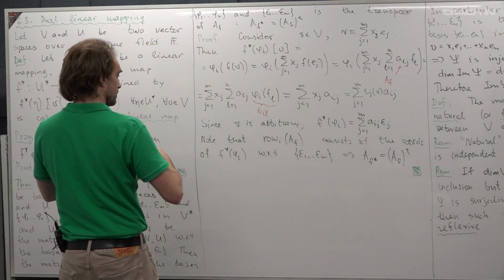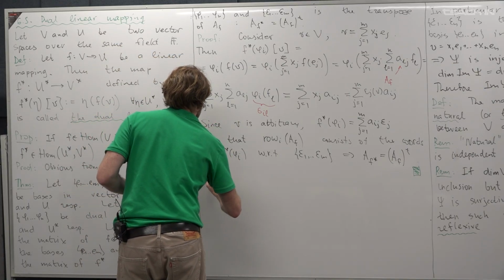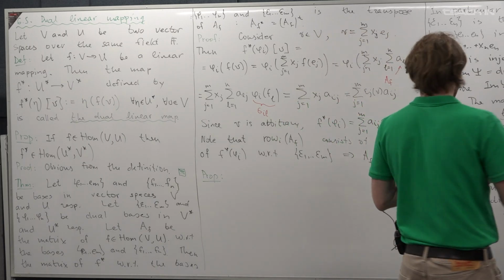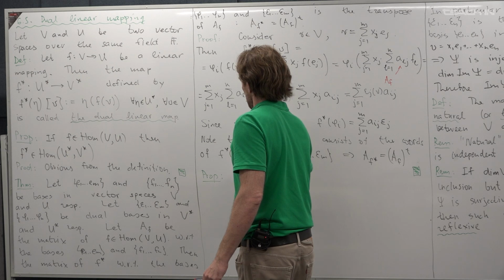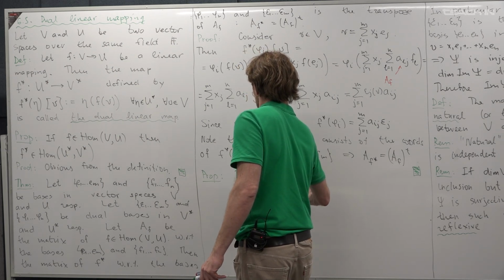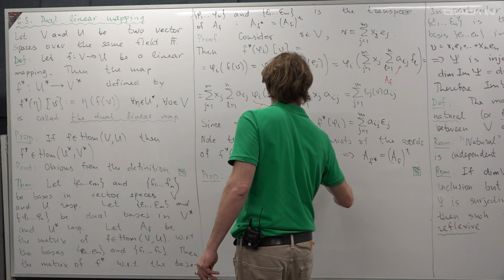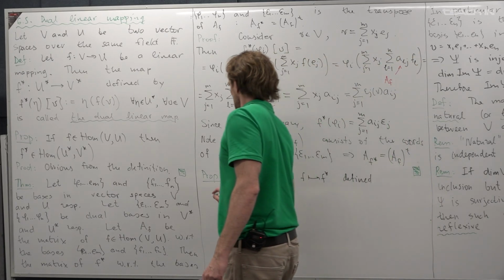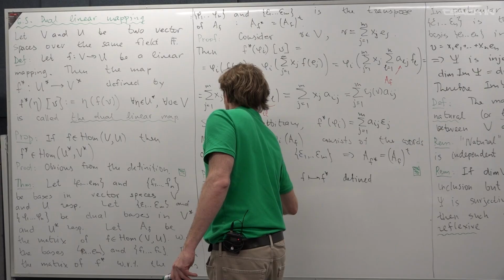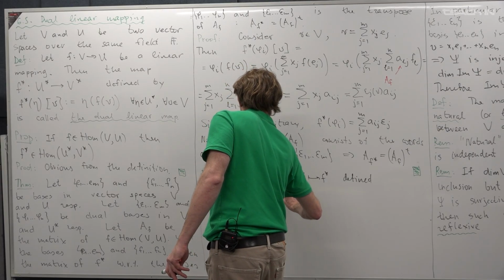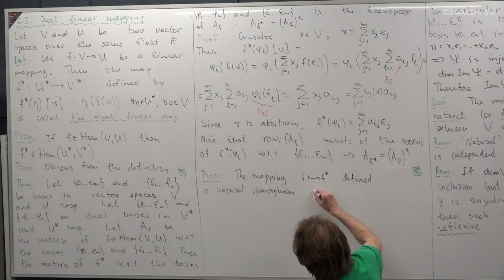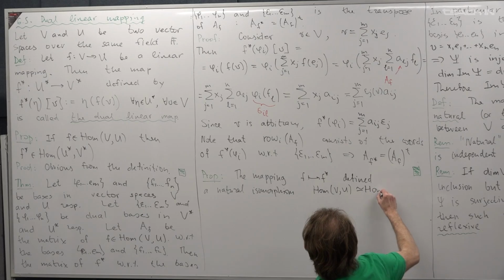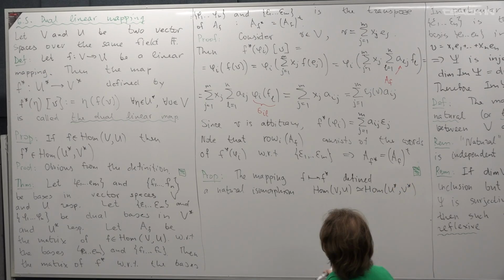And finally, let me formulate one more proposition. I will not prove it just because it is more or less obvious that the mapping f to f star defines a natural isomorphism between the space of linear mappings from V to U and the space of linear mappings of U star to V star.